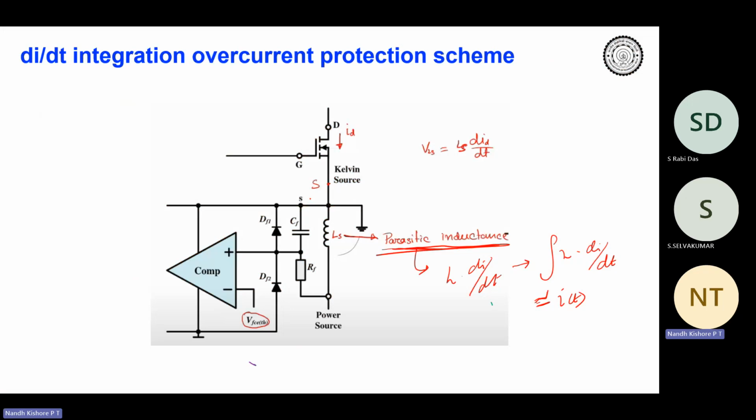Here the integrator is realized using an RC arrangement, kind of like a high pass filter. So this is kind of an integration mechanism. The parasitic inductance is part of the circuit, correct, sir?